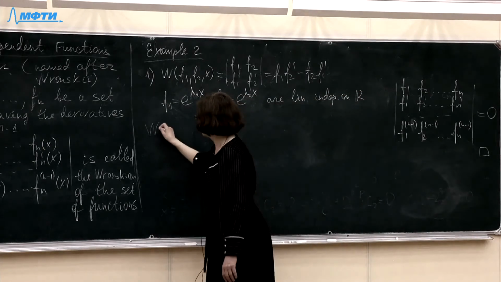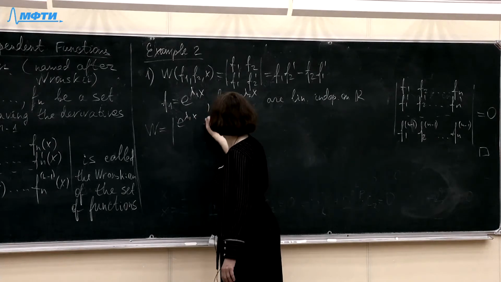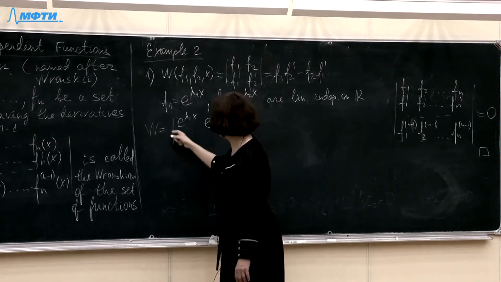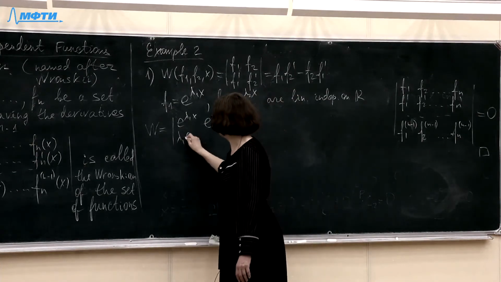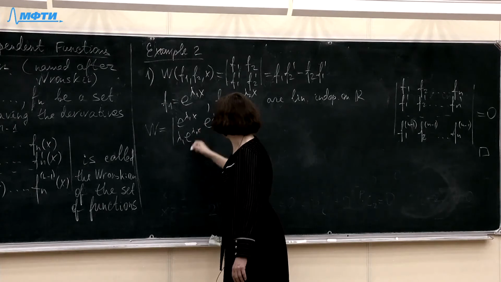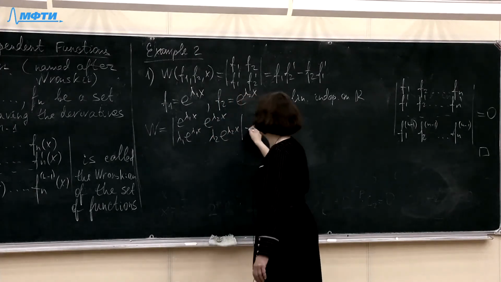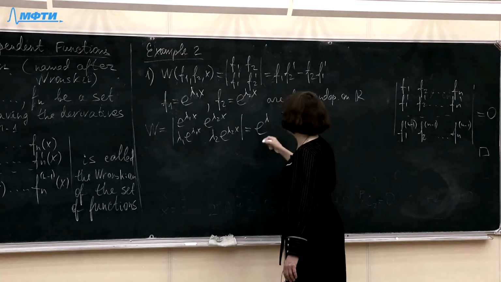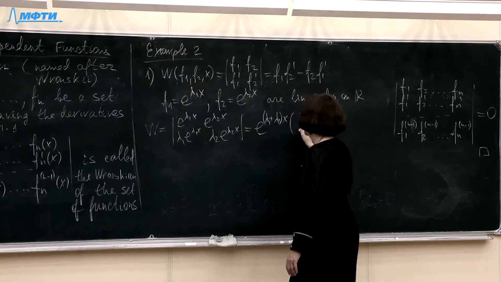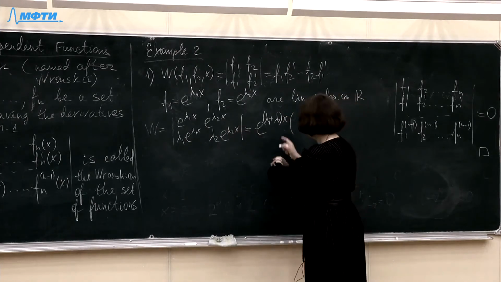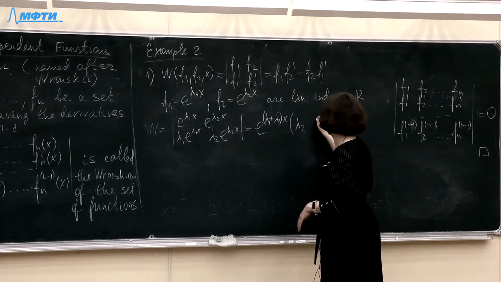Let's form the Wronskian. It will be e to the power lambda 1 x, e to the power lambda 2 x. Then if we differentiate these functions with respect to x, we get lambda 1 e to lambda 1 x, lambda 2 e to lambda 2 x, and the determinant is equal to e to lambda 1 plus lambda 2 times x, which is the common factor, times lambda 2 minus lambda 1.